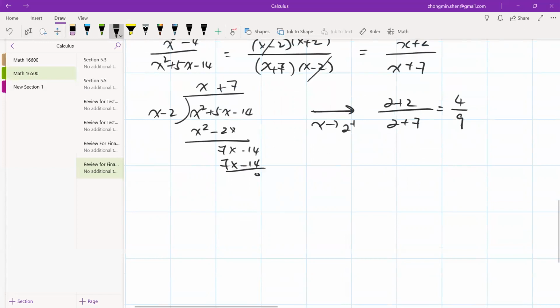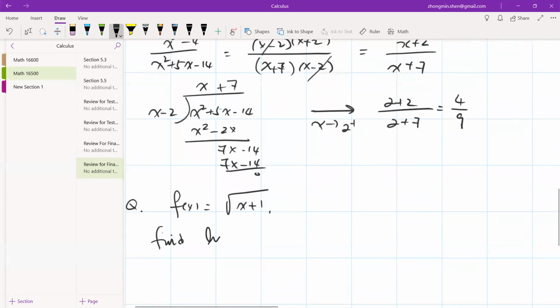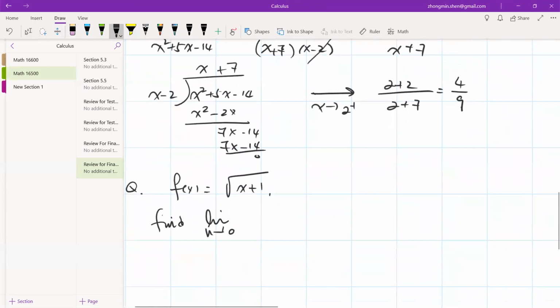Okay. All right, so the next problem is f of x equals square root of x plus 1. Okay, find the limit, or use the definition of the derivative to find the derivative.